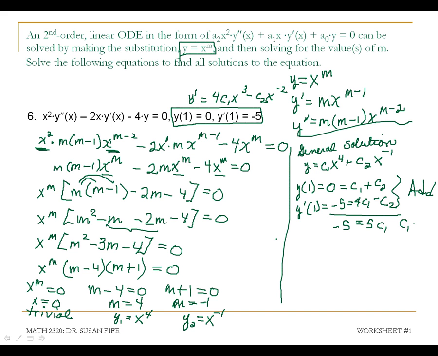That tells you that c1 is negative 1, and because c1 plus c2 is 0, we know that c2 has to be 1. Negative 1 plus 1 is 0. c2 is 1, and so our particular solution is going to be y equals c1 is negative 1, negative x to the 4th, plus c2 is 1, plus x to the negative 1st.